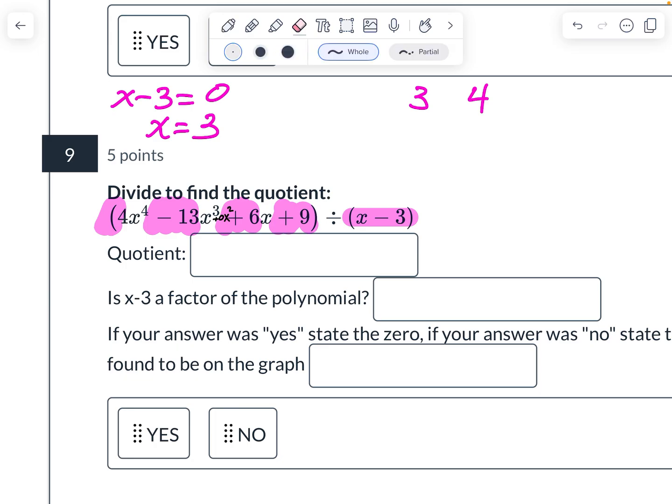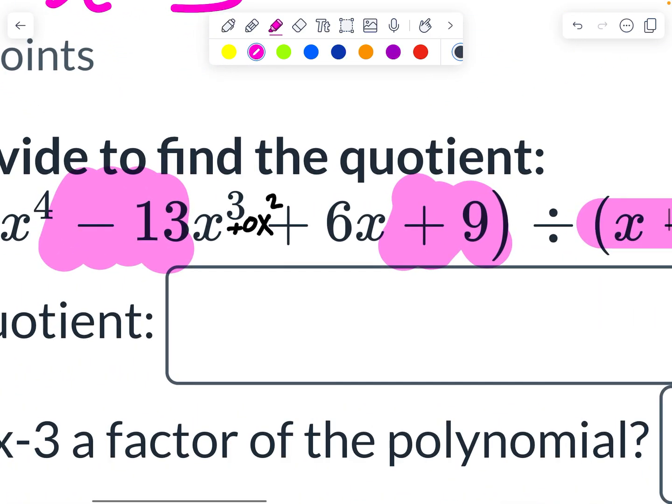All the powers have to be visible, and we are missing a power. So when we look at our coefficients, we have a coefficient of 0 and a coefficient of 6. Well, that didn't make much difference, Mrs. Leonard, because your marker's so fat. All right, we have a coefficient of 0 and we have a coefficient of 6.